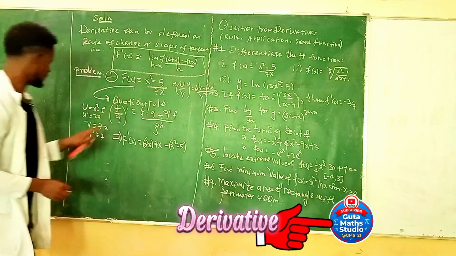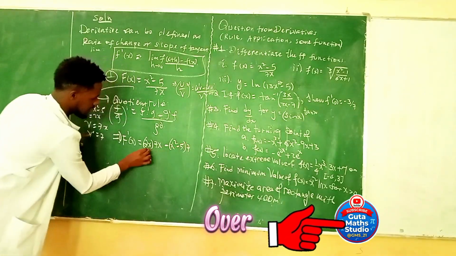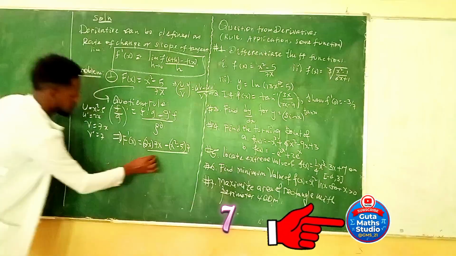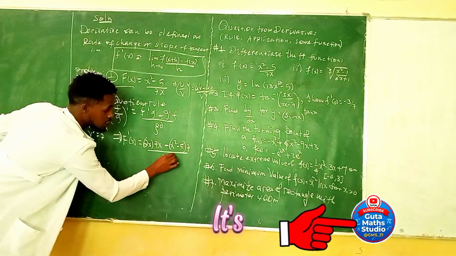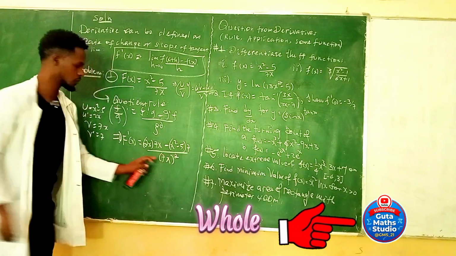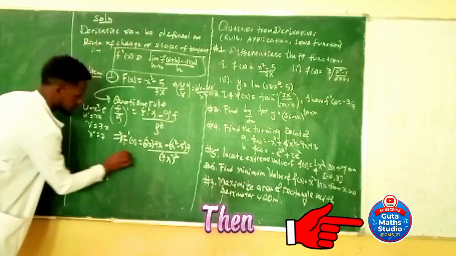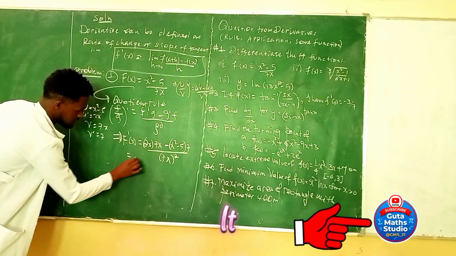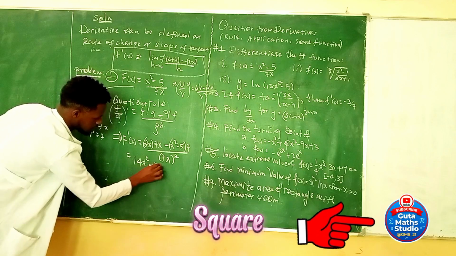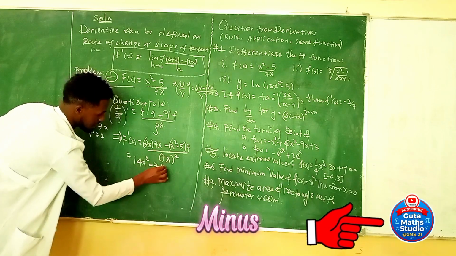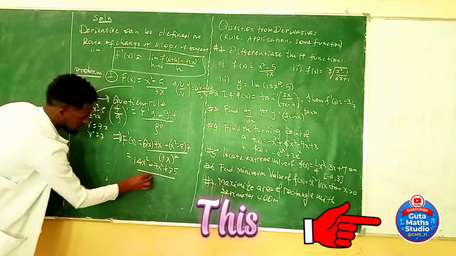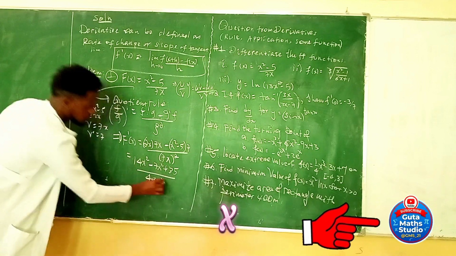And what's v derivative? 7, over v square, which is 7x, the whole square. It's not like this, okay? It is the whole square. Then when we multiply them, it is 14x square minus 7 times x square, so 7x square, and the minus becomes plus 35, over this one is 49x square.